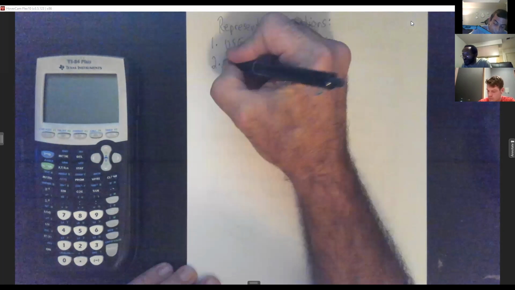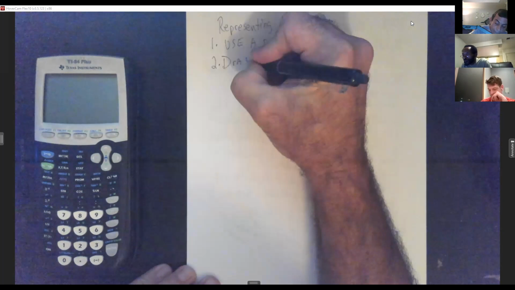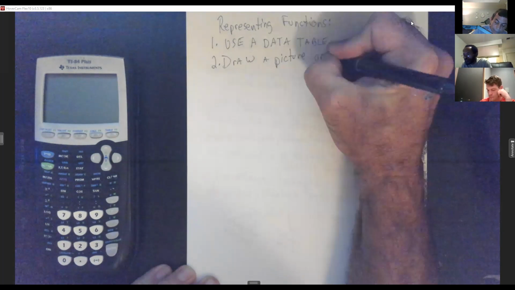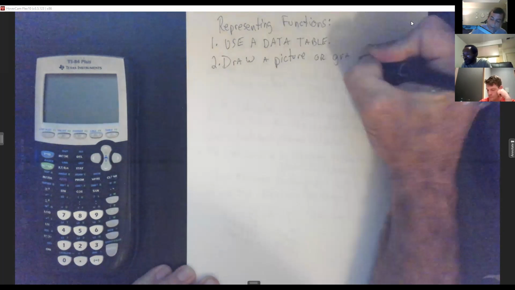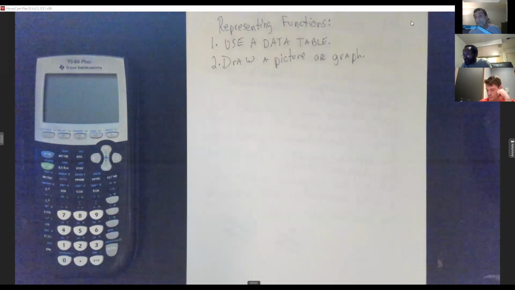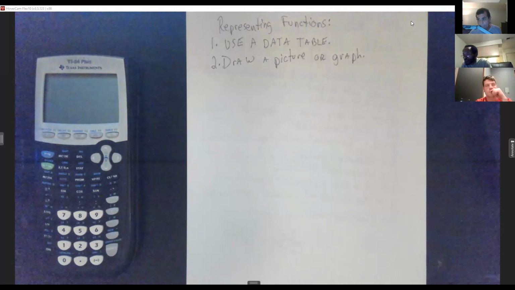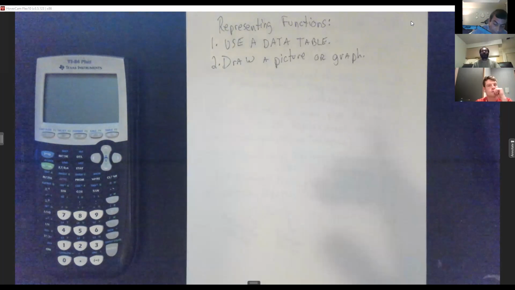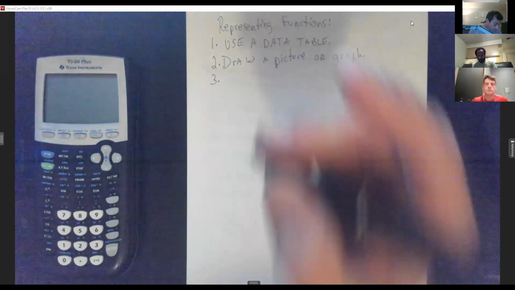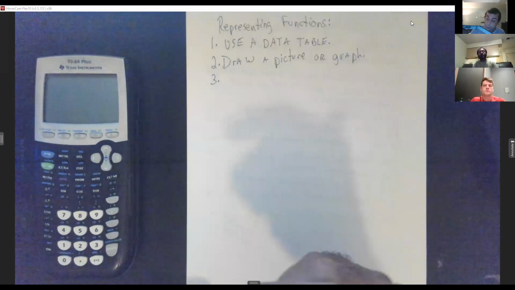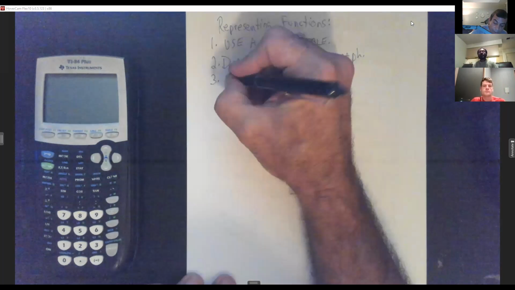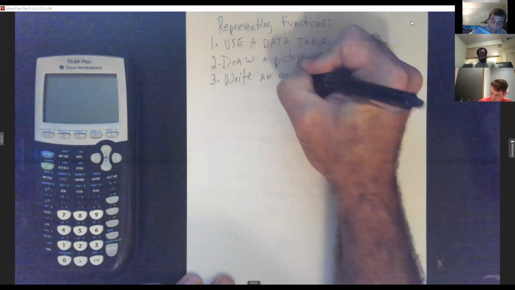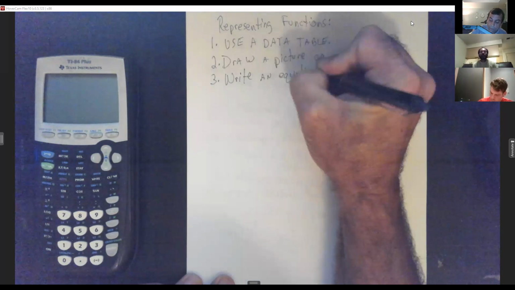Second way is draw a picture or graph. I do a lot more graphs than I will pictures, I'll put it that way. Okay, but we can represent functions using a graph. And then the third way is we can write an equation or formula.